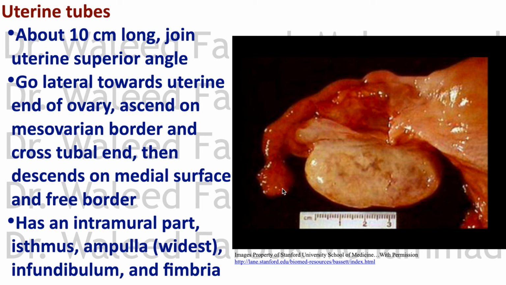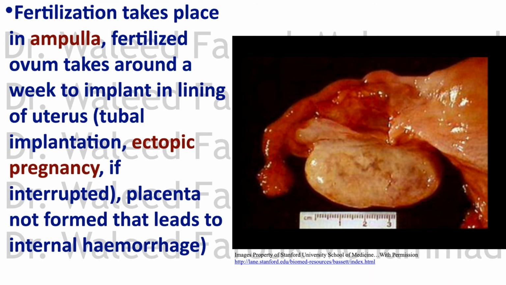The fimbriae and infundibulum, on the medial surface mainly of the ovary, pick up the ova, which then travel along the uterine tube to the uterus. So these are the parts of the uterine tubes. As I told you, fertilization takes place in the ampulla. Now, it takes around a week or 10 days for the fertilized ova to reach the uterus.